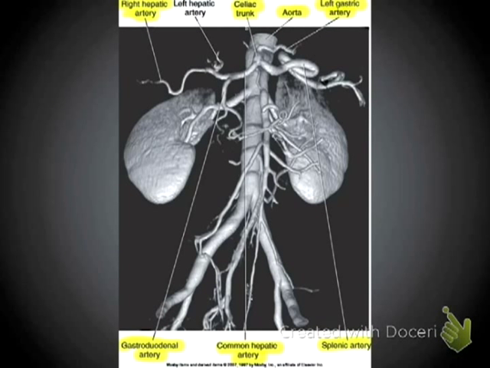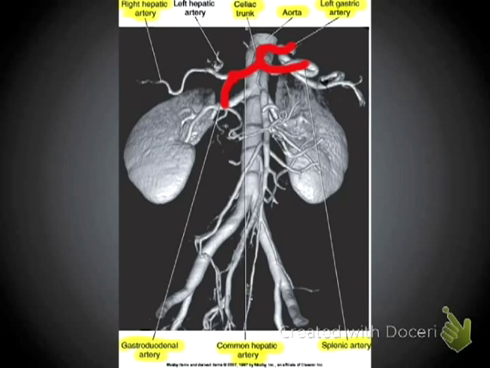Okay, here is a 3D reconstruction, which sometimes allows things to be seen a little better. So if we focus in on the aorta, we have the celiac trunk here, we have the left gastric, we have the splenic, and we have the common hepatic here, which then branches off into the gastroduodenal, right hepatic, right gastric.